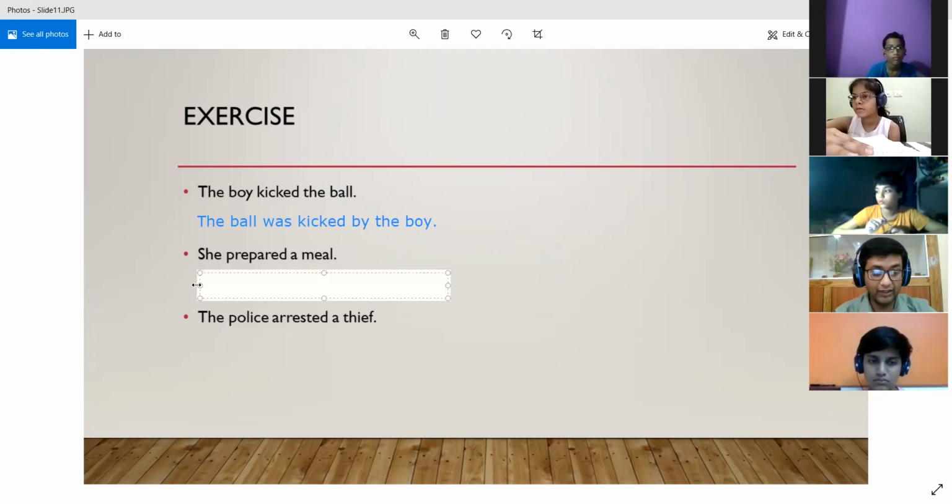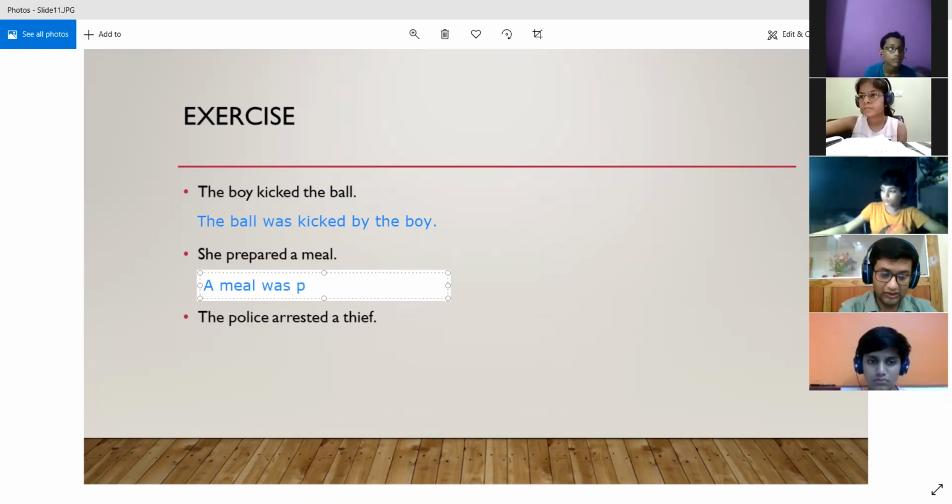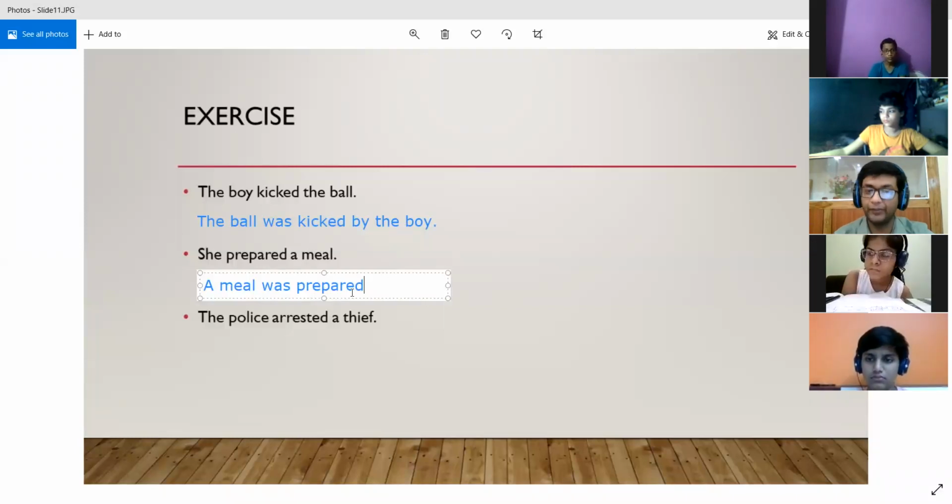Yes. So again, we are talking about a meal, so it is singular. That is why we are going to use was over here and not were. A meal was prepared. And we are using prepared because it is the third form of the verb prepare. The second form of prepare is prepared, and again the third form of prepare is also prepared.